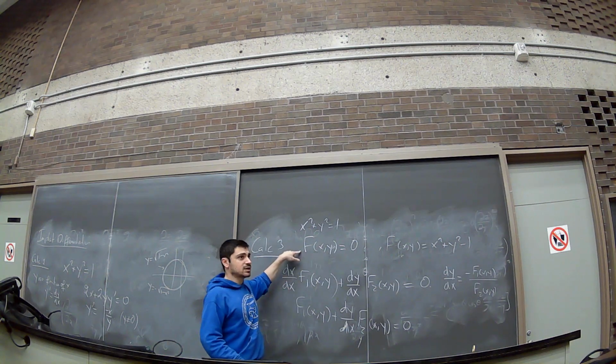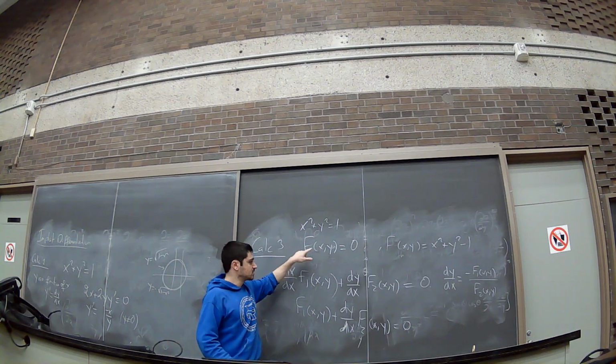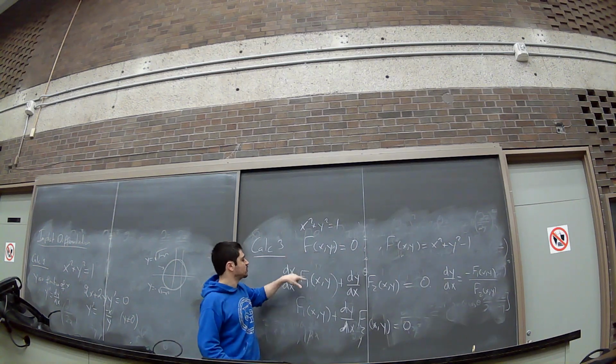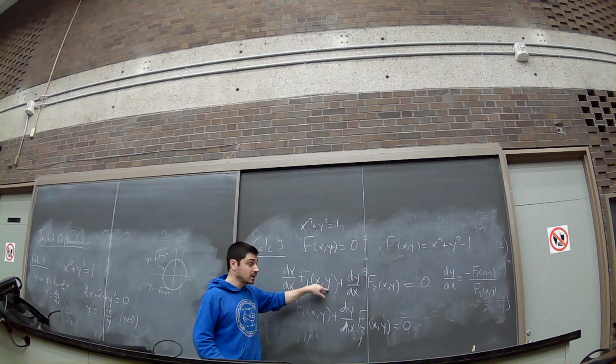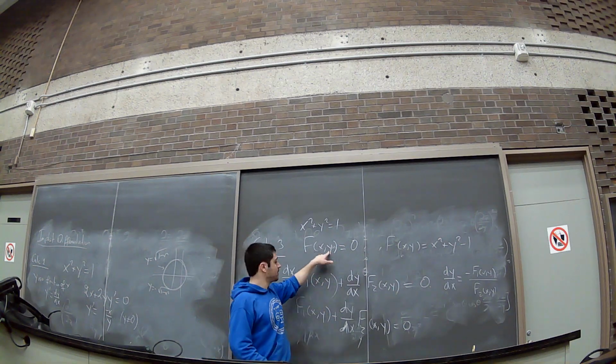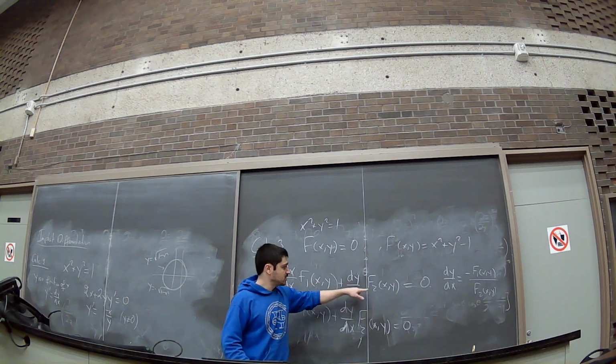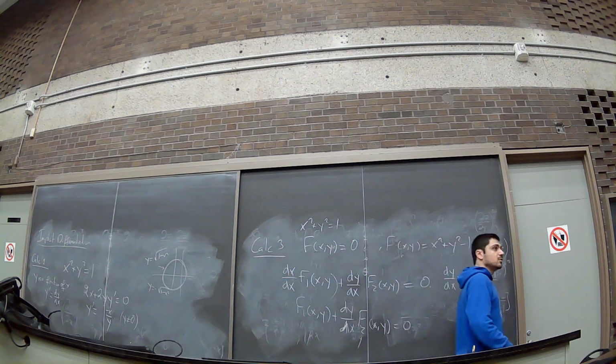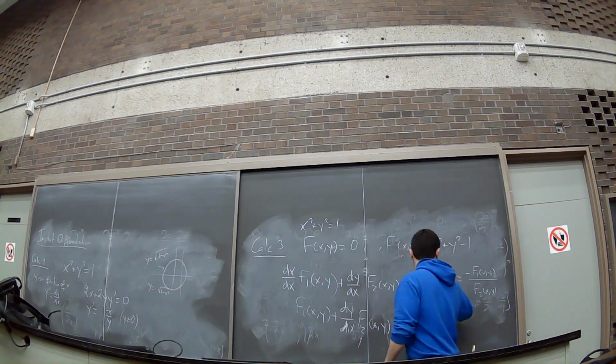What is this with respect to x? X prime, what's the derivative of x with respect to x? 1 times the derivative of f with respect to the first argument applied at (x,y) plus y prime times the derivative of f with respect to the second argument at (x,y) is equal to 0. And then I solve for dy by dx.